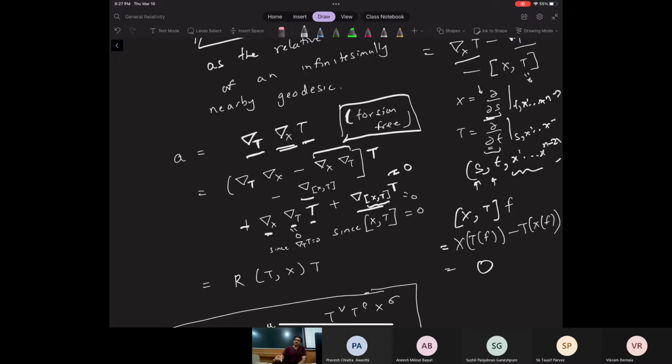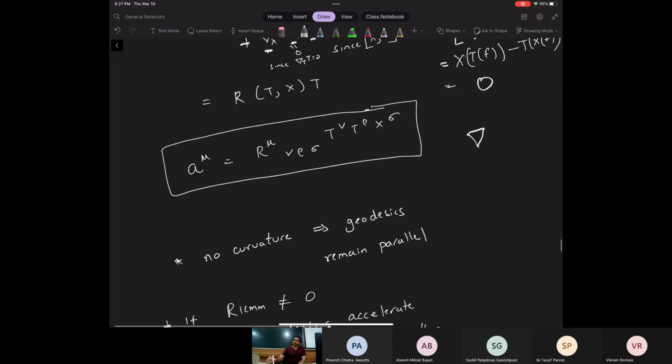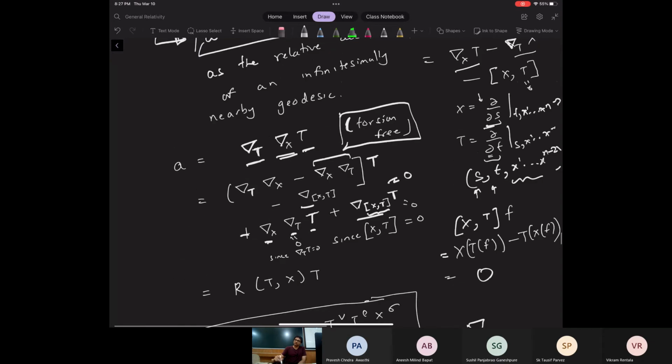That's just zero. Why is a derivative with respect to a zero vector zero? Right, because you can think of this as 0 times the basis vector, and I can pull the 0 out. Good. So this is 0, and this is also 0. Why? Del t t is 0 from geodesic. Yeah, this is a geodesic, so del t t is 0.